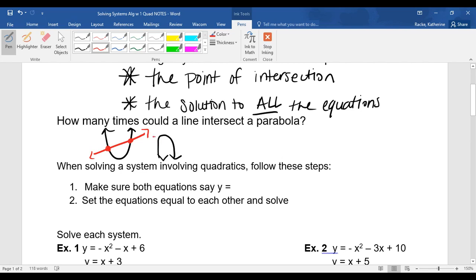If it went just like this, that would only be one point of intersection. Or if I had another parabola and then the second line just went this way, that would be 0 times. It doesn't intersect at all, so you could have 3 different solutions.